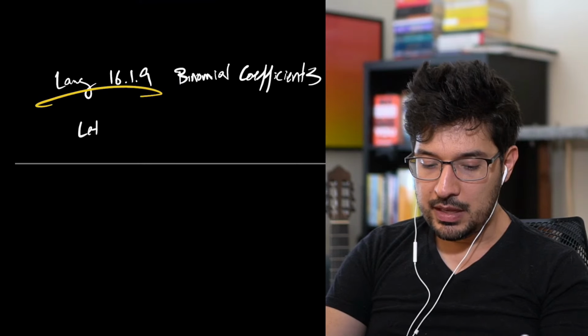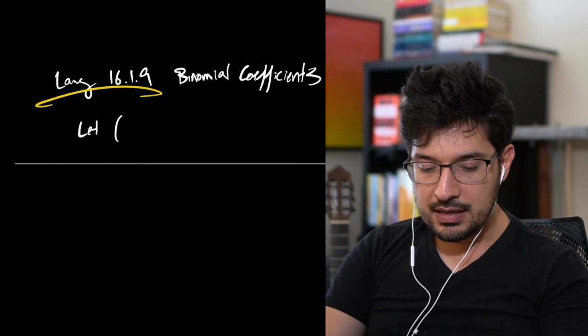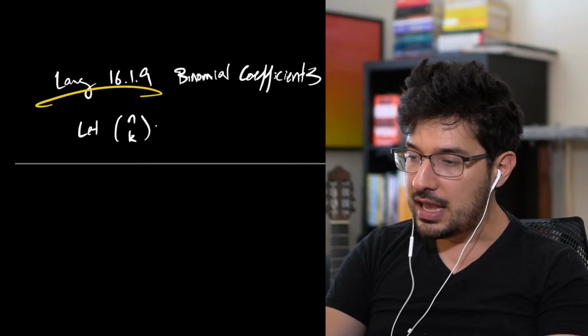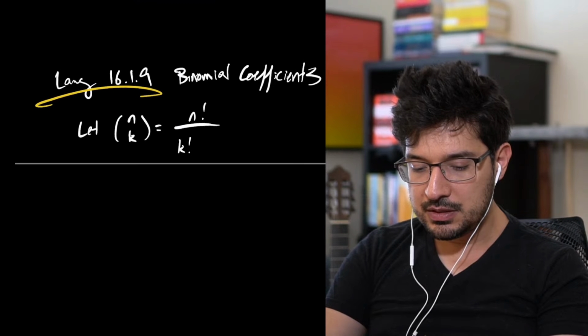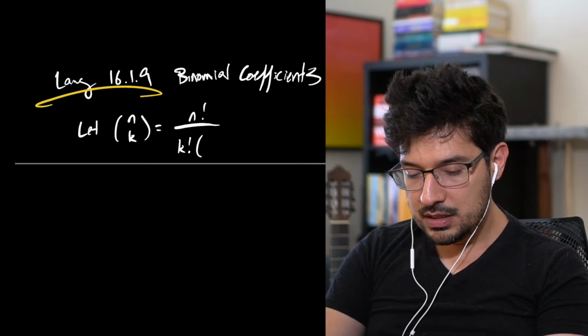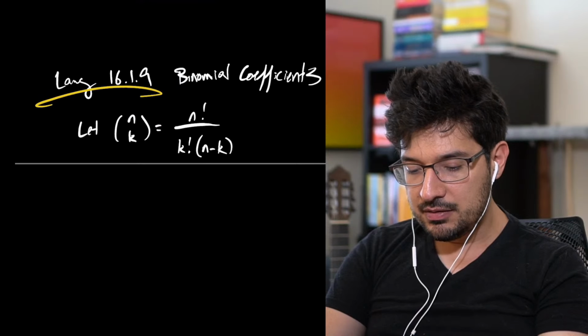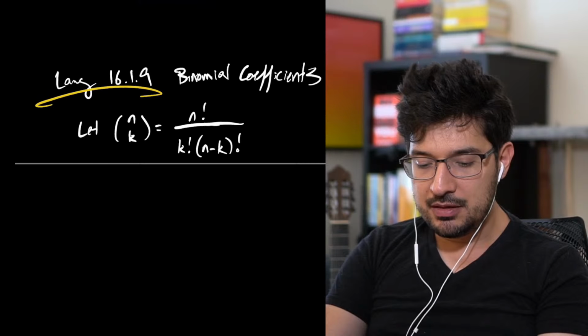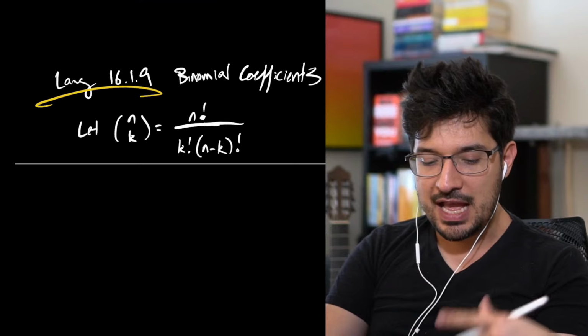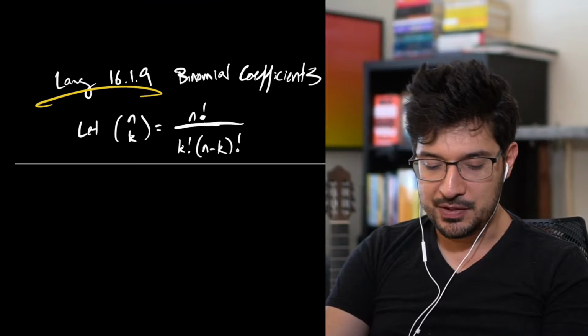This is a cool exercise that he has. Let n choose k be n factorial divided by k factorial times n minus k factorial. Just trust me, believe that this is useful right now.